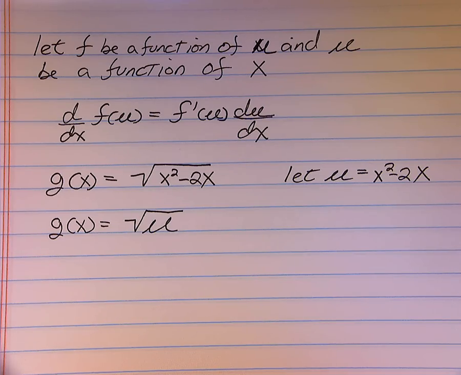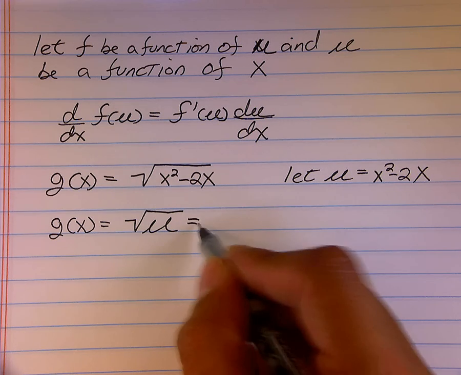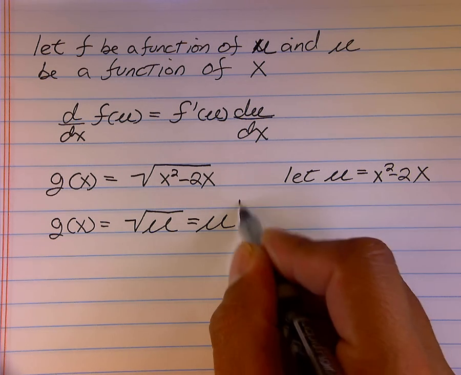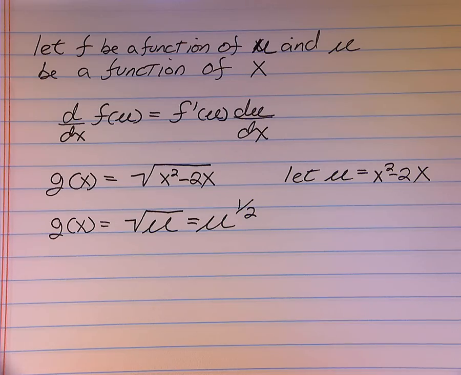Now, the square root of u could be rewritten as u to the 1/2. So now I notice that not only is g a function of x, with the u substitution I've made g a function of u where u is a function of x.